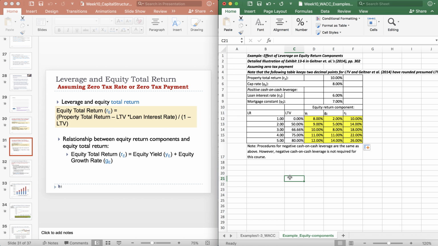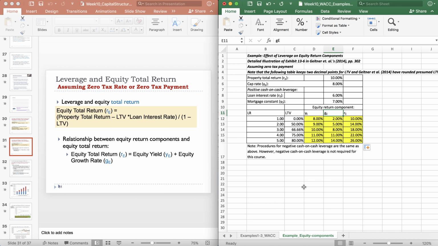The key part to understand from working through all those different levels of loan-to-value ratio is that we see a clear increase in both return components, equity yield and the equity growth component. Both of them increase in line with increasing financial leverage.